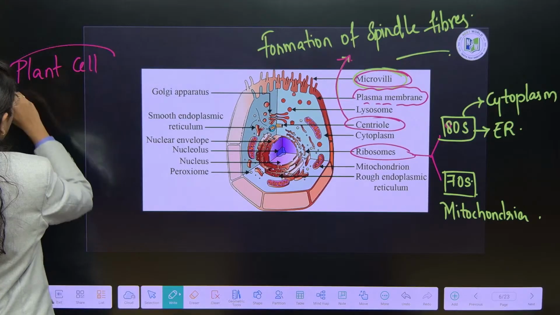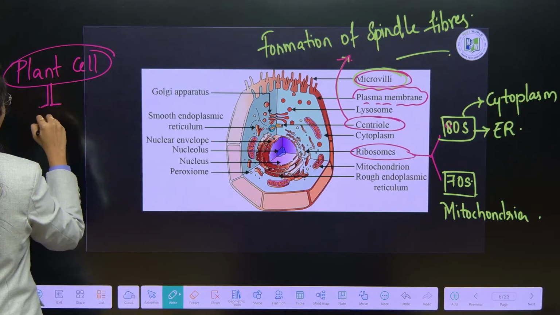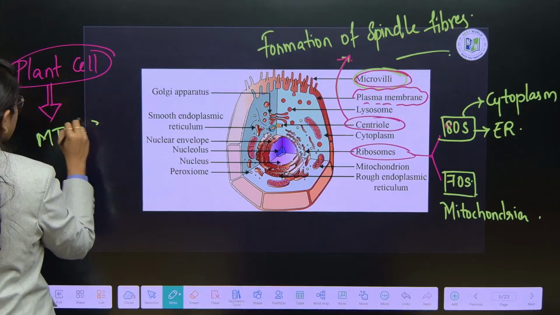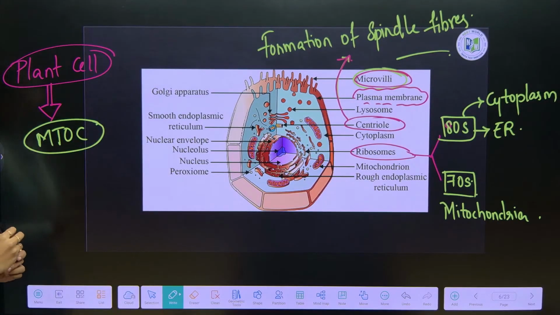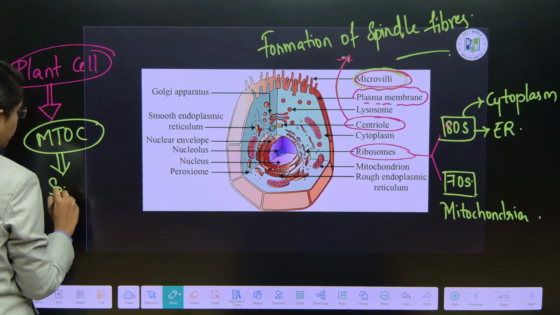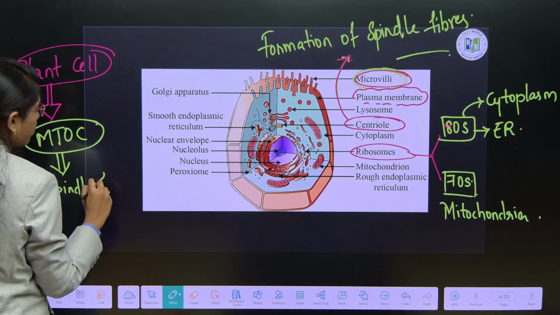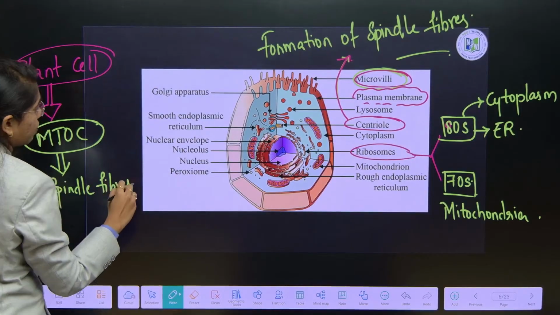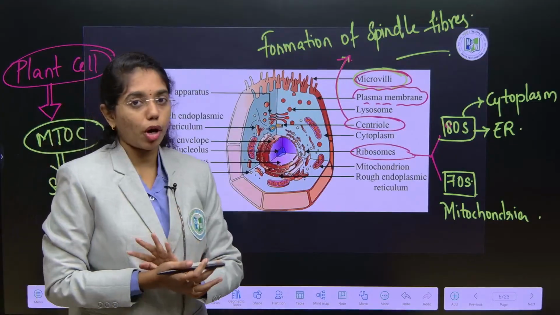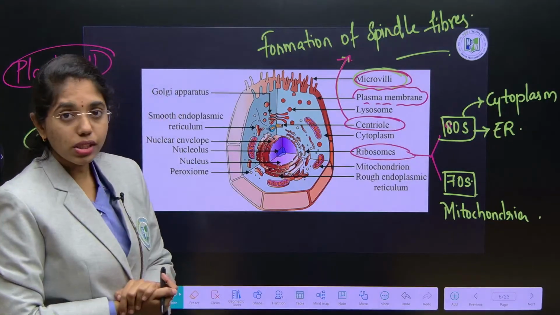Remember this term. This microtubular organizing complex will help in the formation of spindle fibers, thereby mediating the process of cell division, whereas in animal cells, centrioles will take care of cell division. I hope this is clear, right?